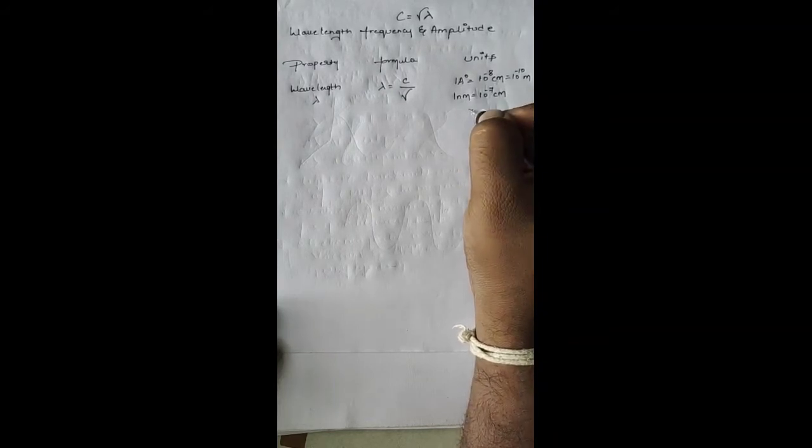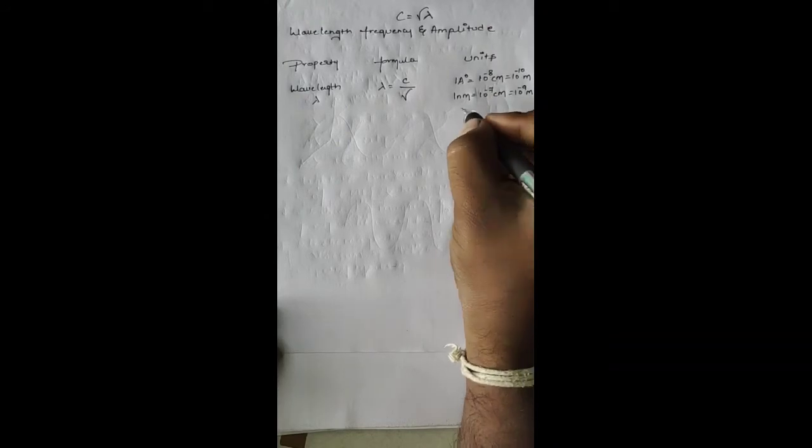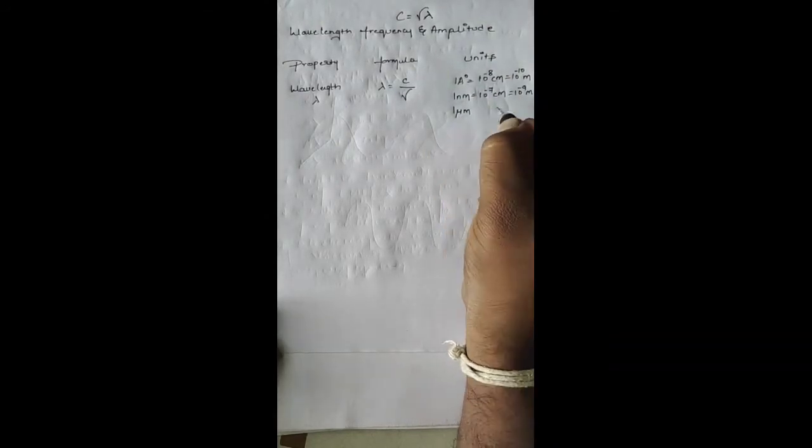If you want to convert into meters, it is 10 to the power of minus 9 meters. Another unit is the micrometer. Do you understand the units of the wavelength?